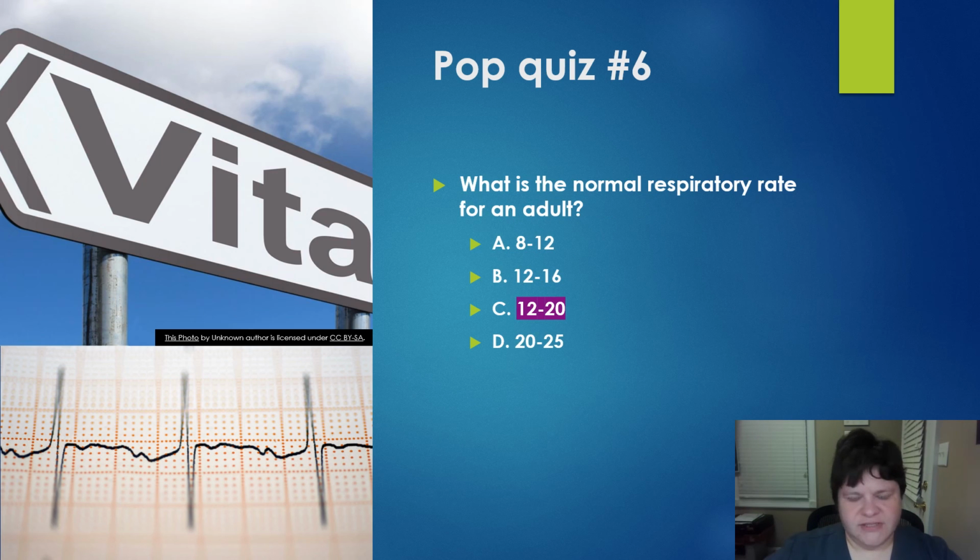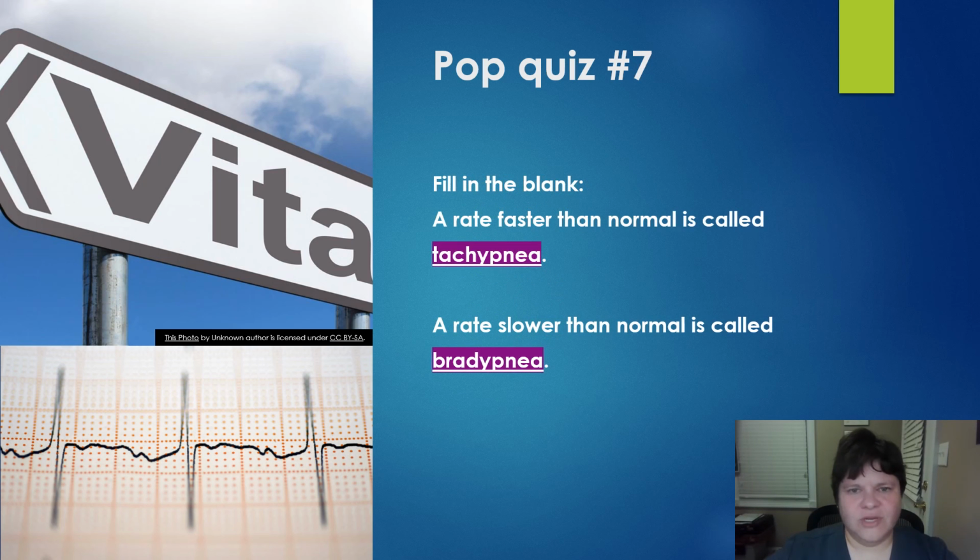Question number 6. What is the normal respiratory rate of an adult? The answer is C, 12 to 20. Question number 7. Fill in the blank. A faster than normal respiratory rate is called what? The answer is tachypnea. Slower than normal is bradypnea.